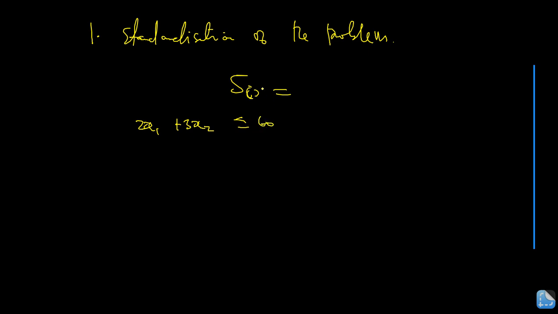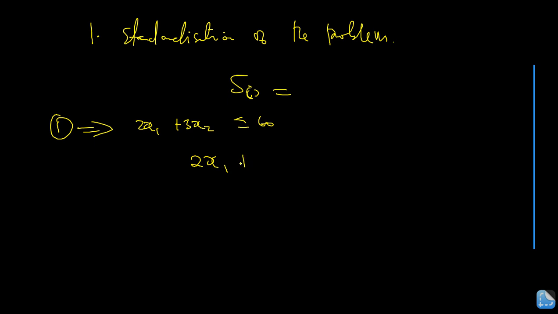This is our first constraint, the number 1 constraint in the system. So to convert it into an equation, since it is the first constraint, we are going to add a variable s1 on the left hand side.